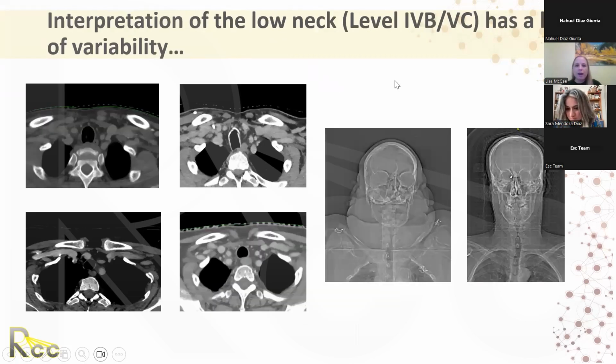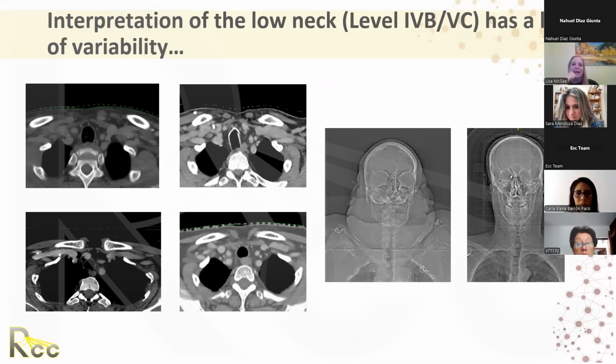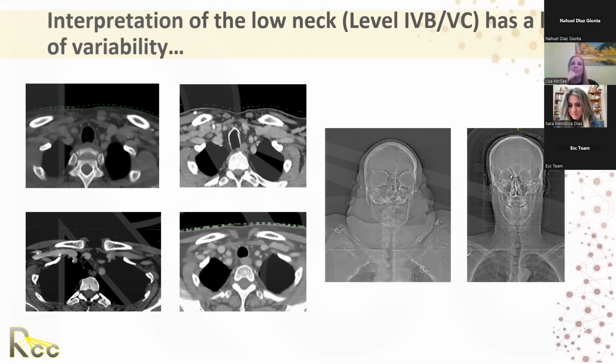I would say that level 5C probably has the most variability of contouring of all the lymph nodes within the head and neck. I think a lot of it has to do with the lack of a definition in the first publication back in 2003. And like I said, what most people do is contour out anatomy to make the LAN dose distribution make sense on a CT scan.